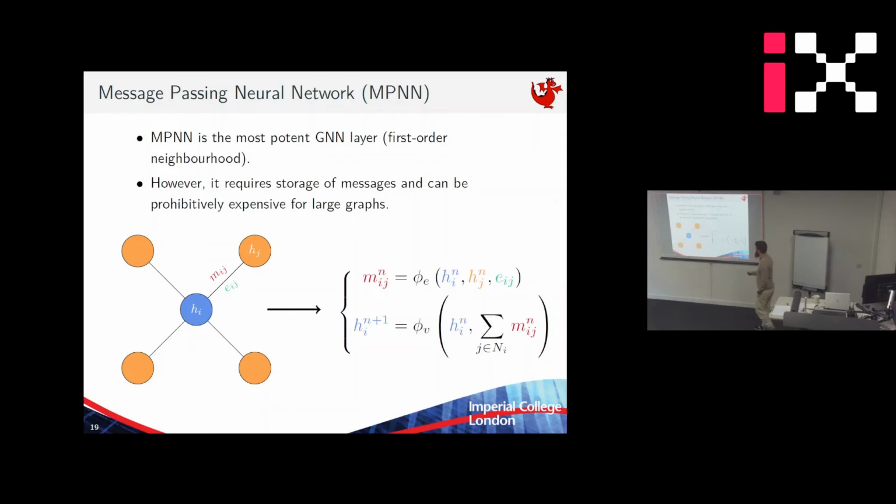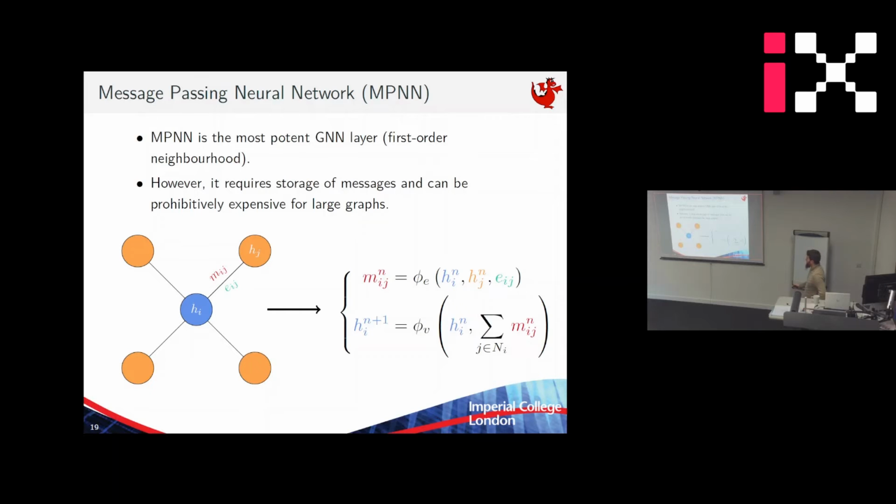And so just to put into picture what we have just discussed, that's usually how you do it. Let's say you have a graph, right? Every time you want to update the feature vector at the node i, here's what you do. You compute the message between hi and hj. For that, you take into account both feature vectors, but also the edge feature vector. This wasn't taken into account in the graph convolutional network approach.